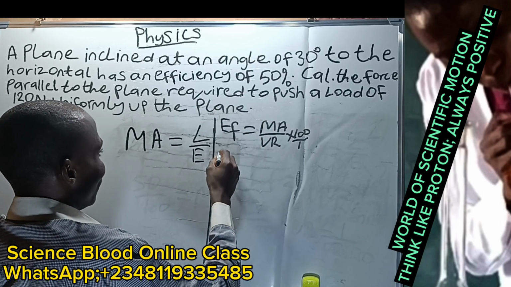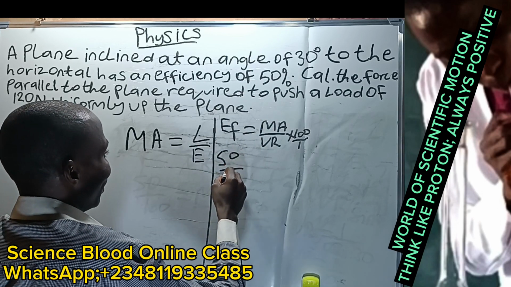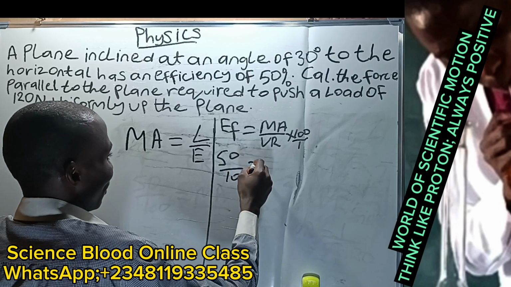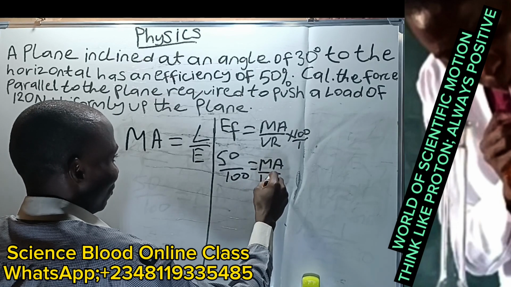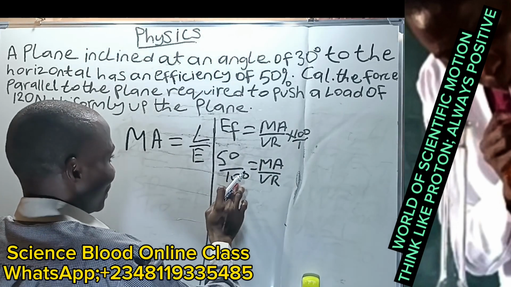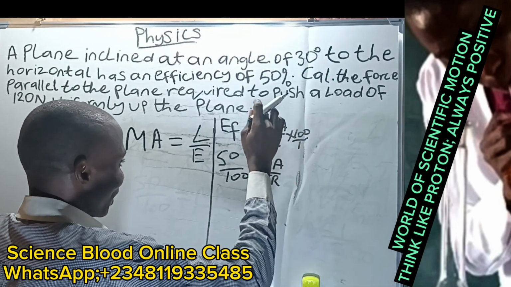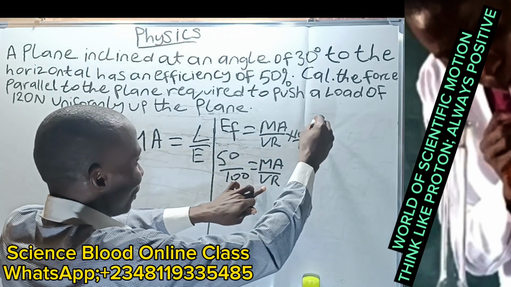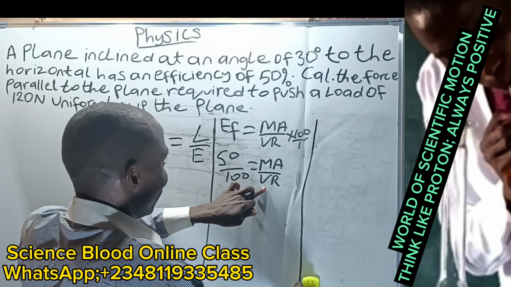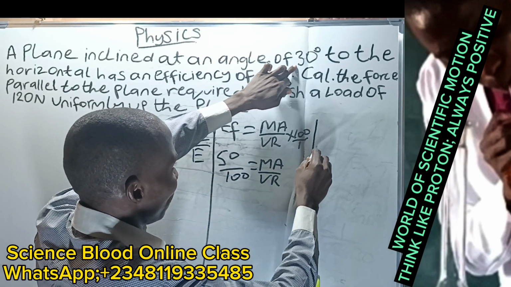We can just write 50 over 100 equals MA all over VR. So this has replaced this. Okay, let's continue. But from the question here, velocity ratio, we are going to solve it separately.